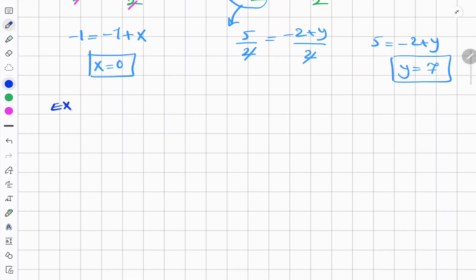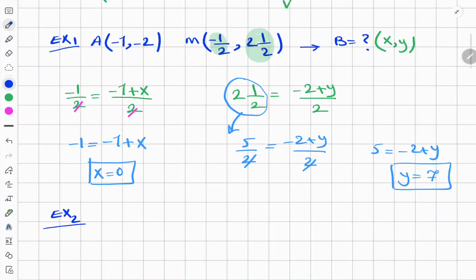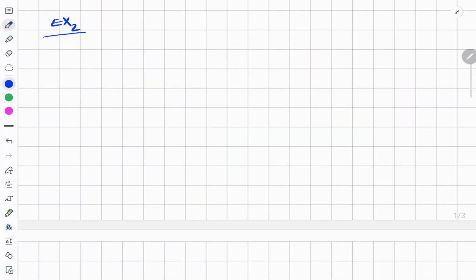As another example, example 2, we have a straight line, and we have 4 points on this straight line, which are P, Q, R, and S. These 4 points are on this straight line, and the distances between successive points are equal in this question.